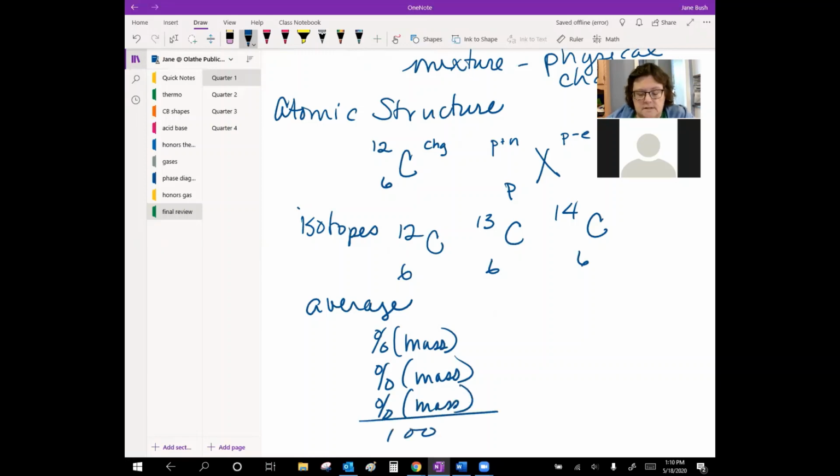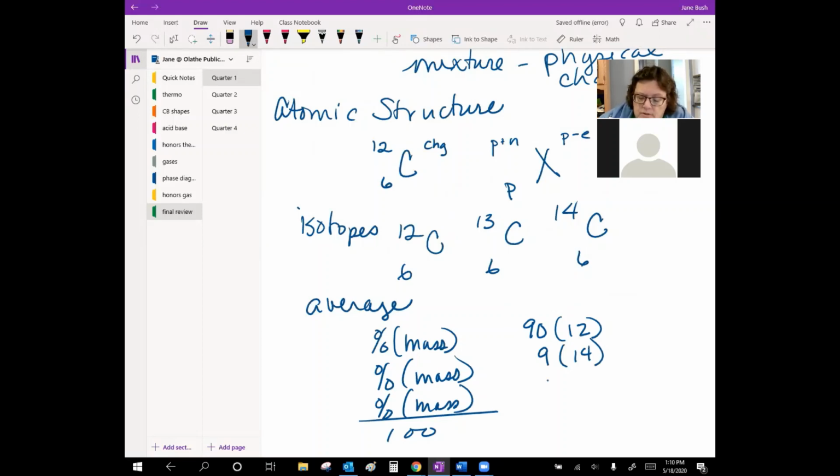For instance, I should have had an example. Let's say this is totally made up. Carbon 12 is 90%, so you would take 90% times 12. Carbon 14 is 9%, so you would take 9 times 14.